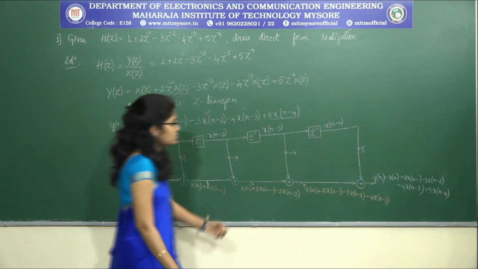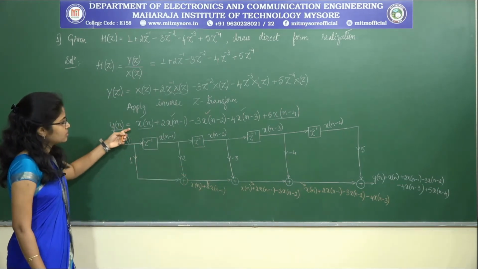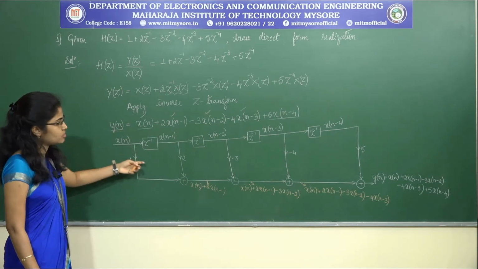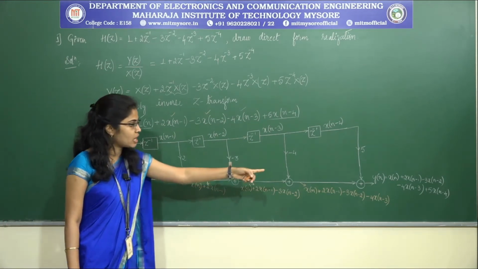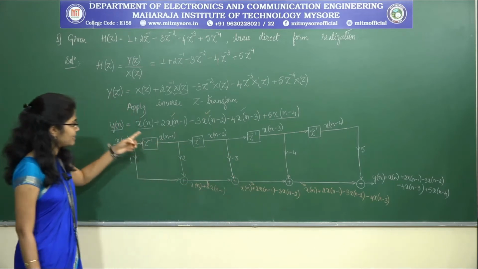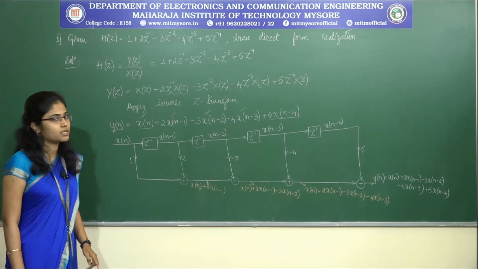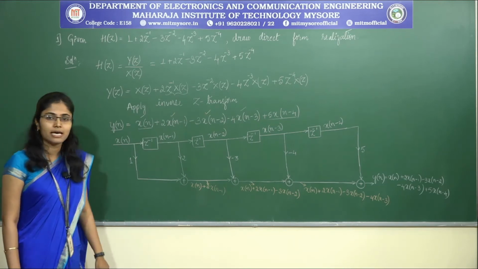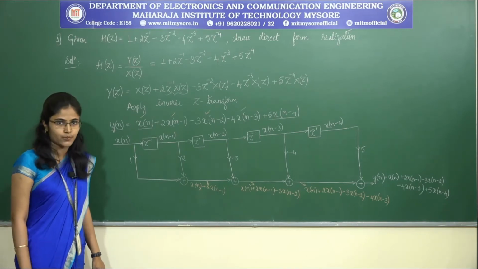So are the equations the same? That is the equation which I got from the structure. With the help of this difference equation we drew this structure, and if I verify the output of the structure, it is the same as the difference equation we obtained by simplifying the system function. So like this we can draw the direct form realization of an FIR filter with the help of a difference equation.